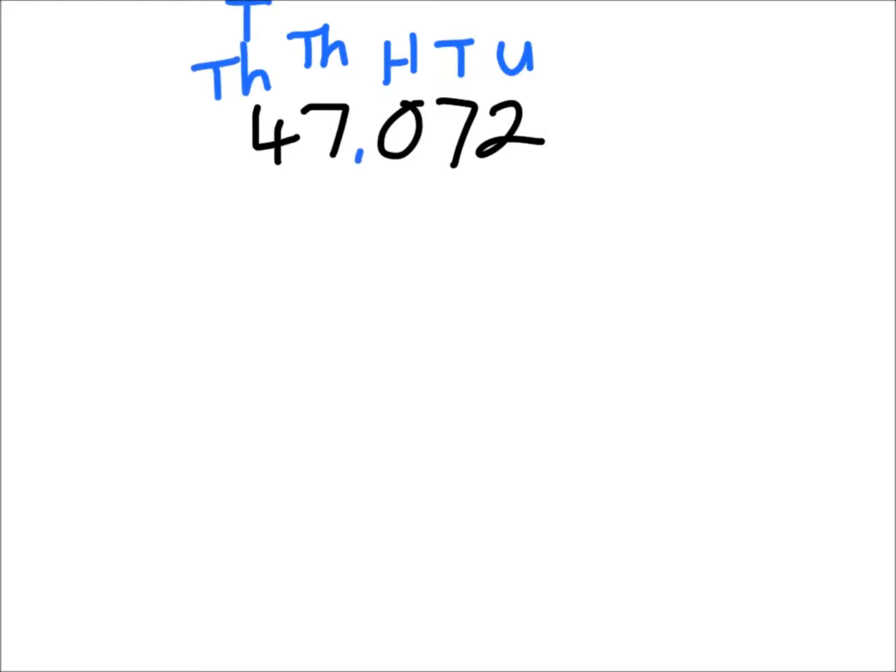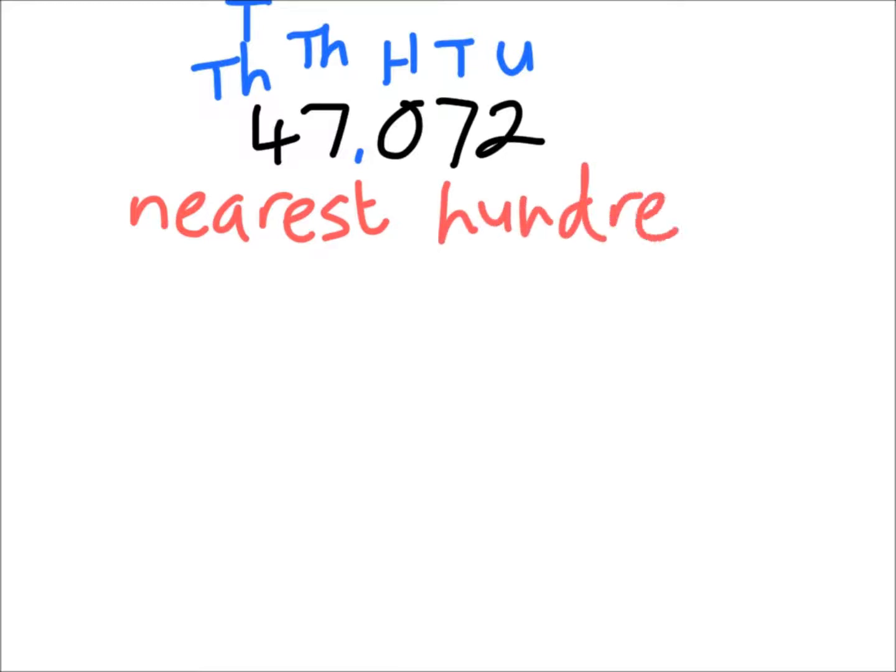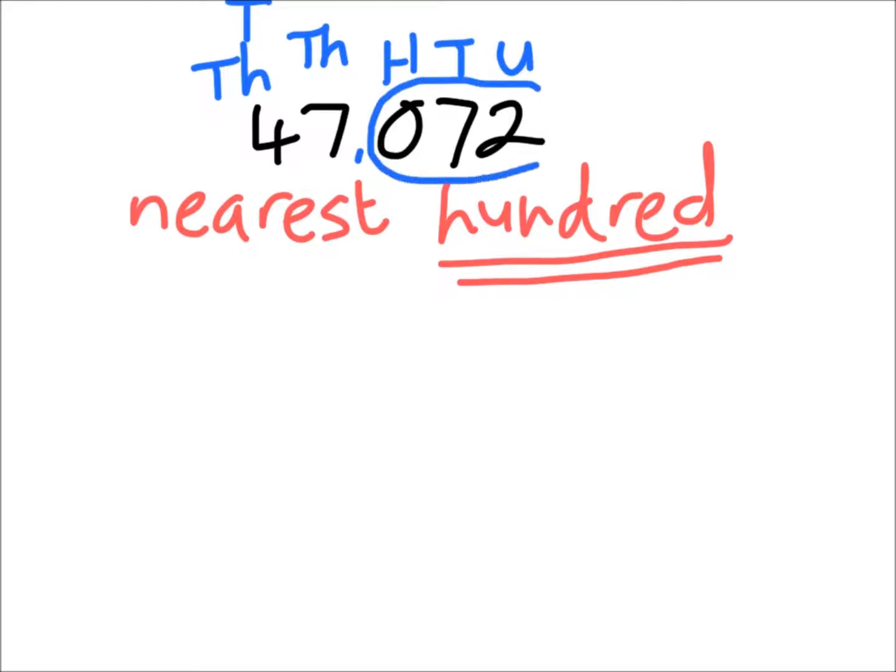Now, to the nearest 100, shall we write it down just for clarity again? Same question, we'll get the same answer. Now, because we're rounding to the nearest 100, in this second method, we identify the hundreds column, and we circle the hundreds column and everything that comes afterwards.